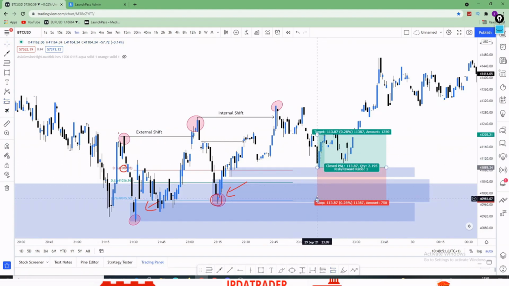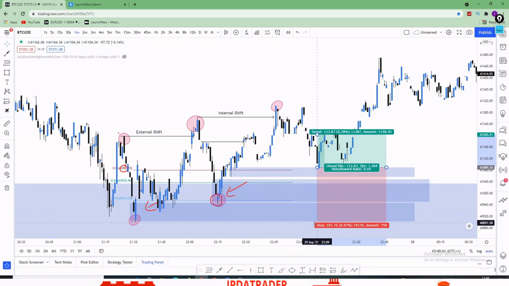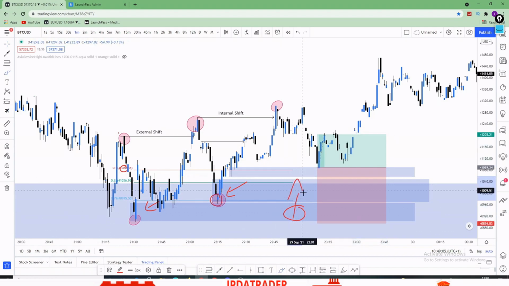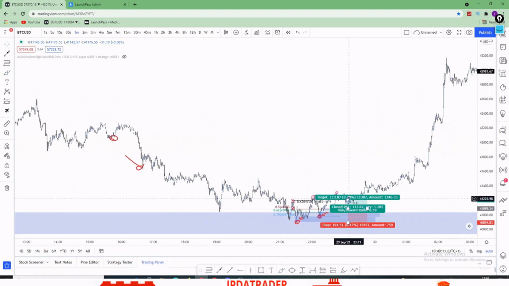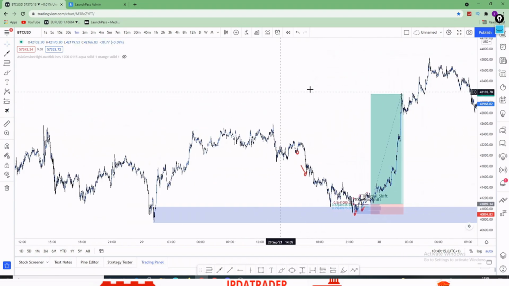It doesn't really matter. But as I said, you always want to keep your stop loss below the low, even though price may have hit the block and continued higher. You don't know that. You don't know if price wants to retrace all the way down and maybe hit an area over here and then move higher. So always keep your stop loss below the low, and you can always target way higher because you're using higher time frames, and you should be able to get pretty clean and high moves.